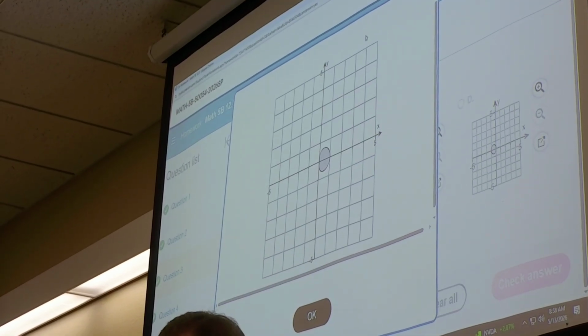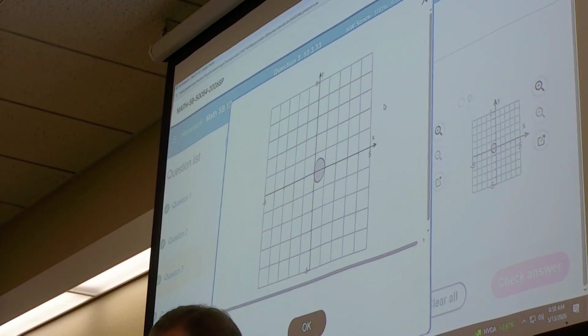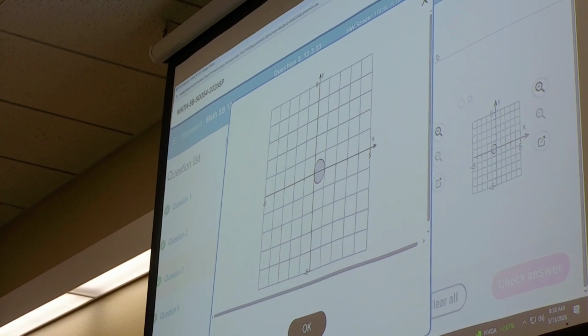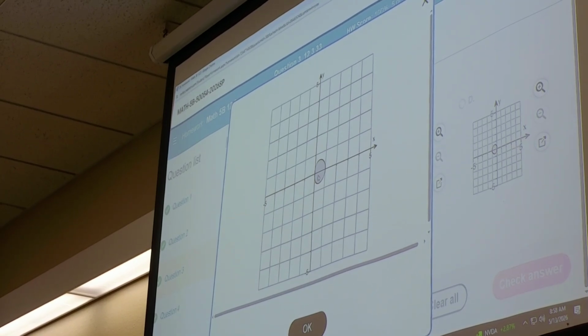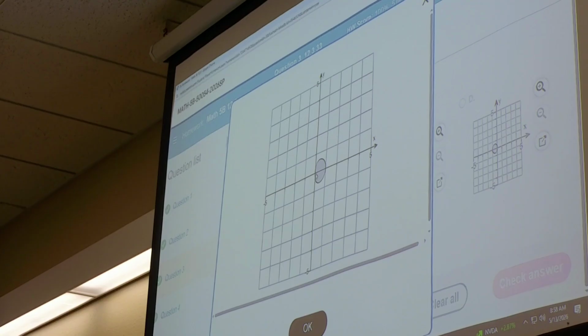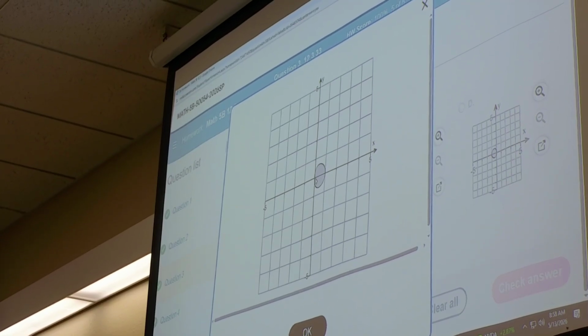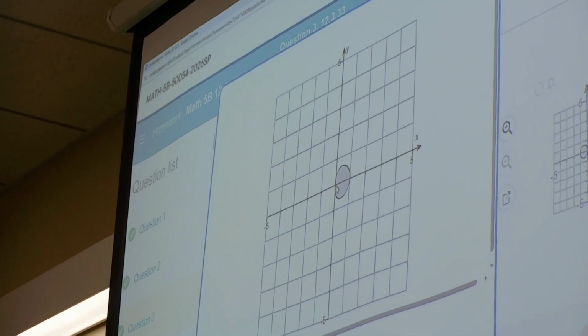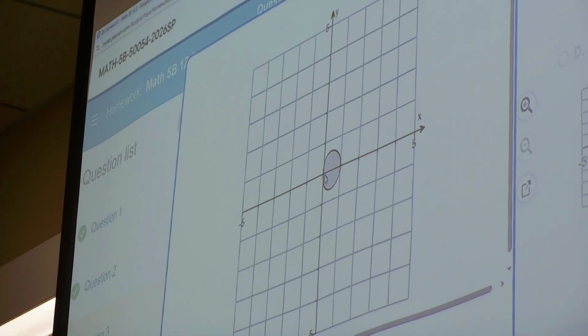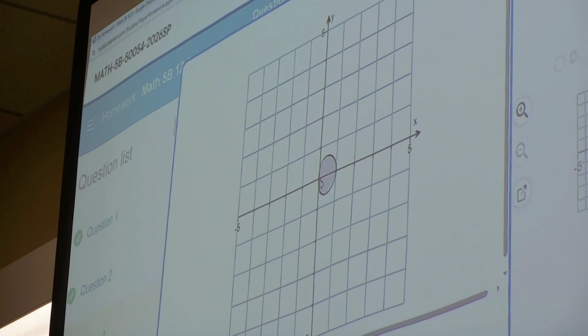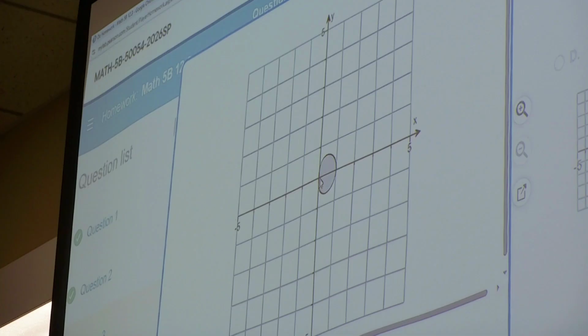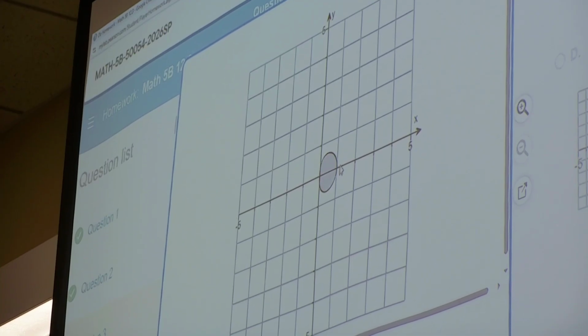When theta is 0, it's pointing that way, right? It's pointing out this way. Does that make sense?